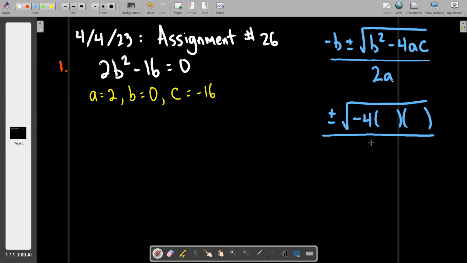Good job. So now it's time to go and backfill our A and C values. What are we going to put in those blanks? So I'm going to put in a 2 for my A and a -16 for my C. I'm just popping those right up in there where those arrows are pointing. Nothing to it. Now we've got to do some math.